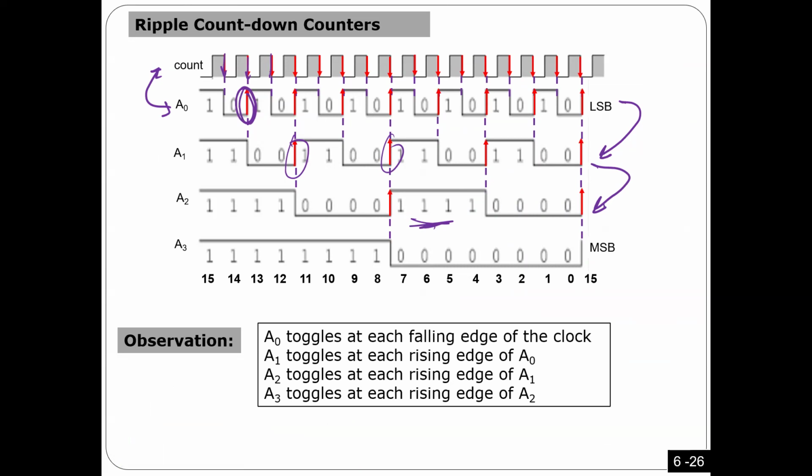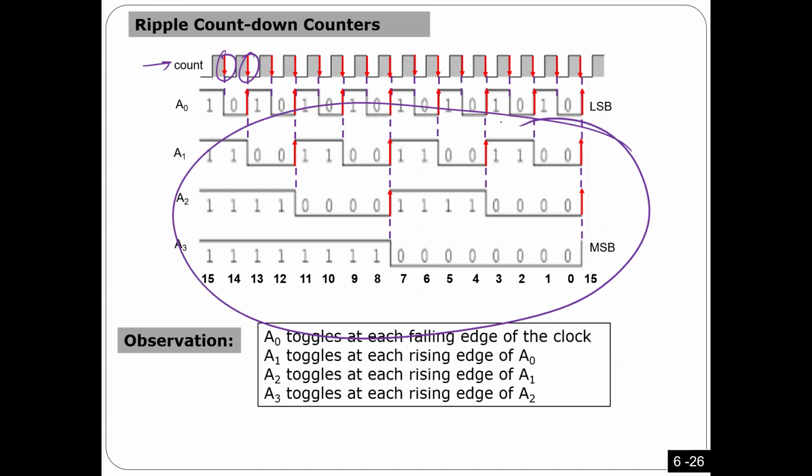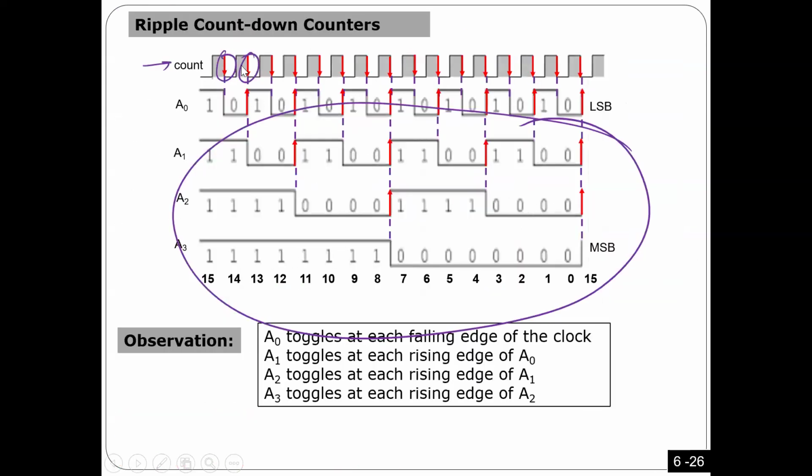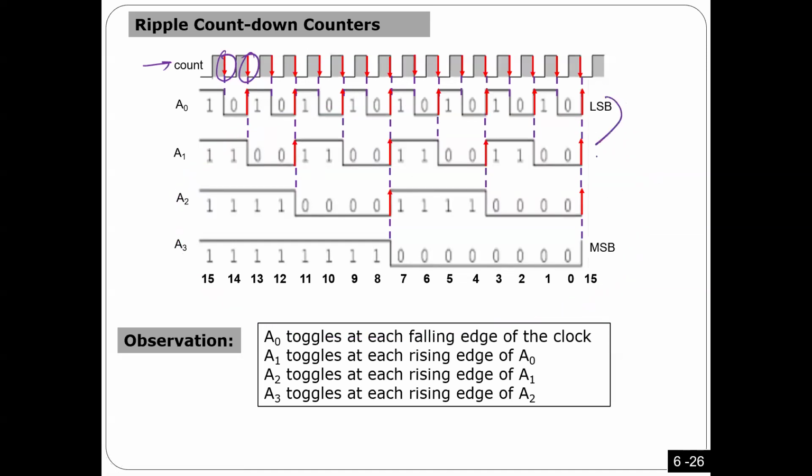So again, only the first flip flop should toggle when there is falling from the clock, but everyone else has to toggle when there is rising, not falling. That is different from what we had here. What we have here, all of them are falling. Here, the first one toggles at falling, but everyone else at rising.